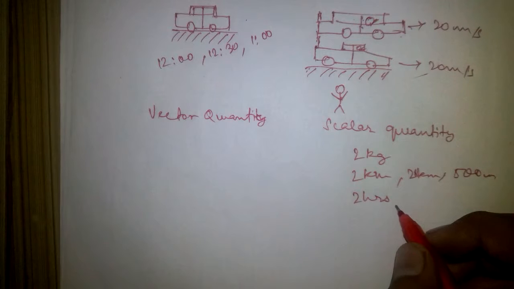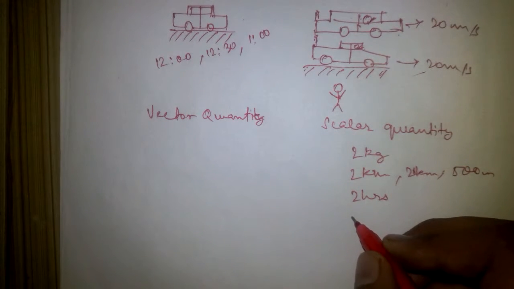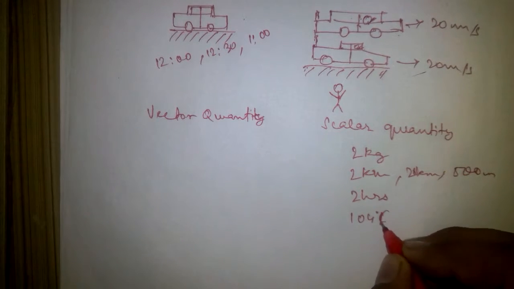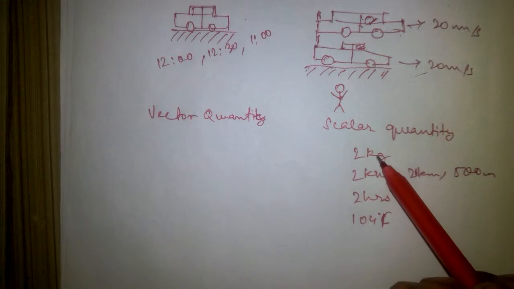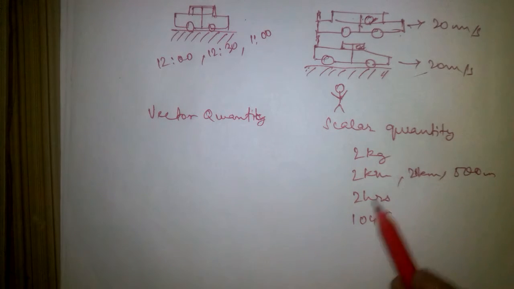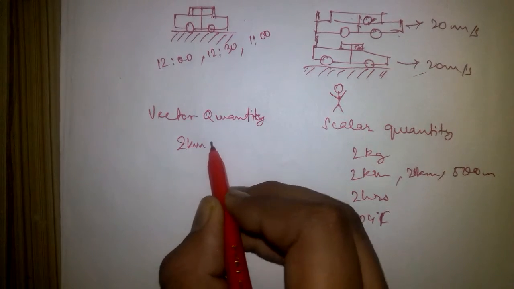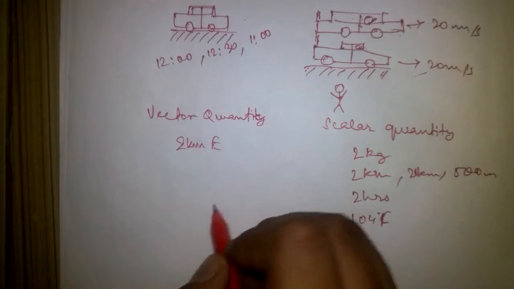And whenever you are suffering from a fever, the doctor says you are suffering from a 104 degree Fahrenheit fever. Okay, so this is all about scalar quantity, because in this I have never written the direction. But here I will write the direction. Suppose I write 2 kilometers, then I write east, then this will become a vector quantity.